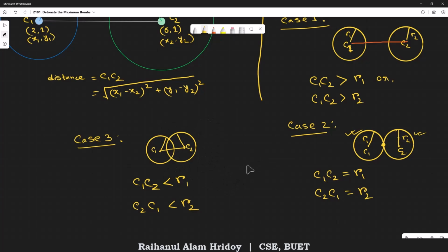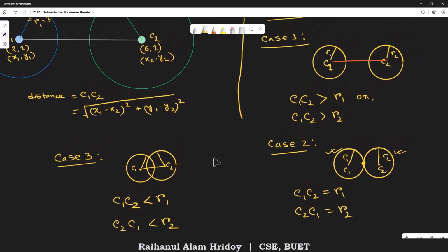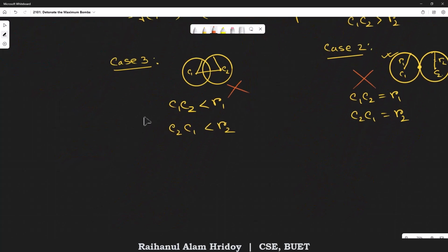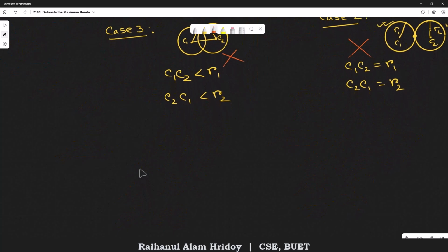Now which case do we consider in this problem? We cannot consider this case, we cannot consider this one, and we also cannot consider this one, because we must know that case 4 is the special case for this problem.